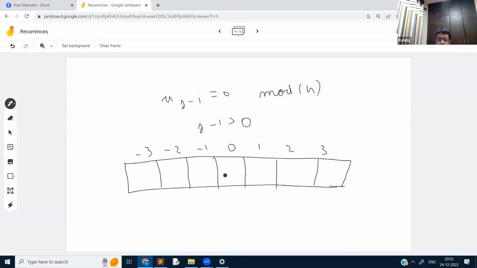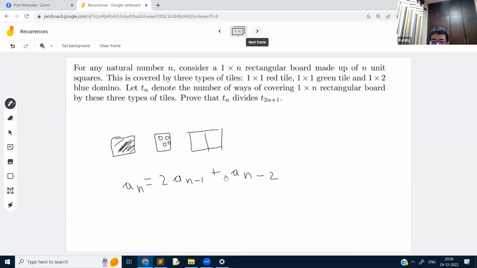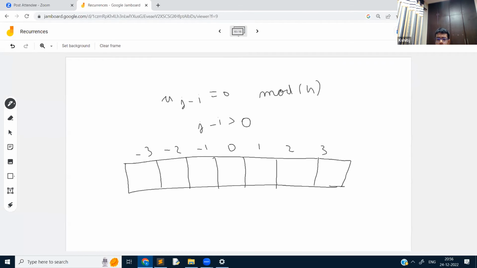So suppose the tile is being covered by a blue. Wait, I will see the colors once. So a one by one red tile is covering it. Now in this case, the left and right side are divided into two parts, and we can just write it as An into An equal to An square.